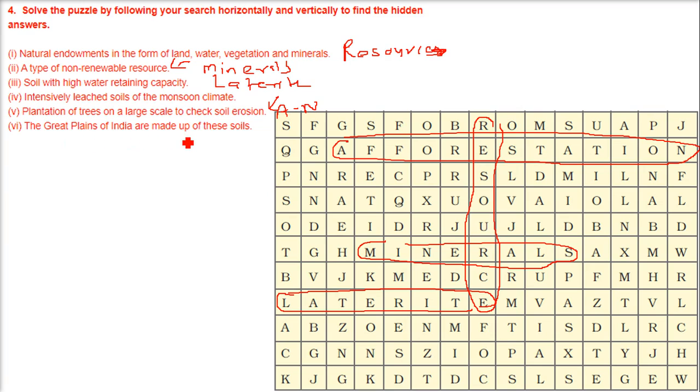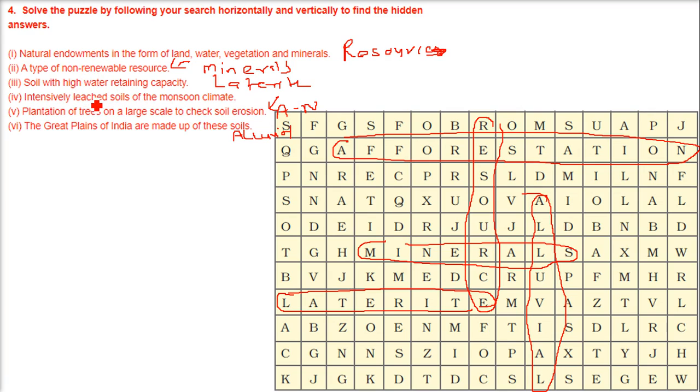The green plains of India are made up of these soils. Now here we'll come to alluvial soil. The green plains of India are alluvial. So where are alluvial soils? Let us find out. This is alluvial. Now coming back to this one.